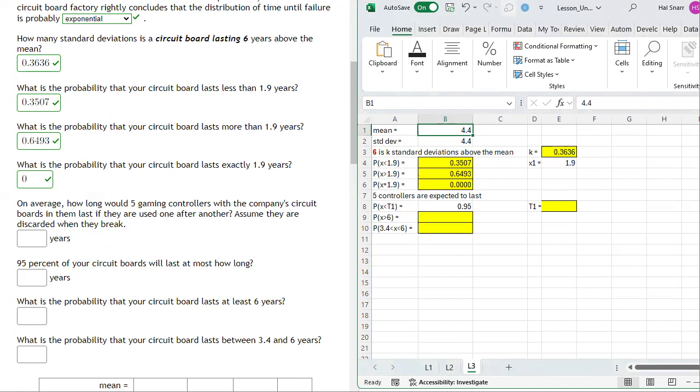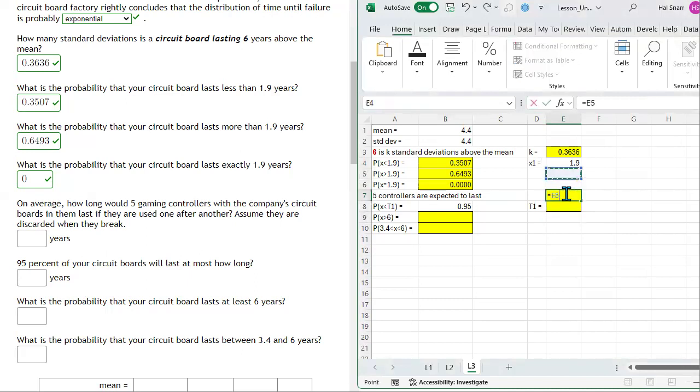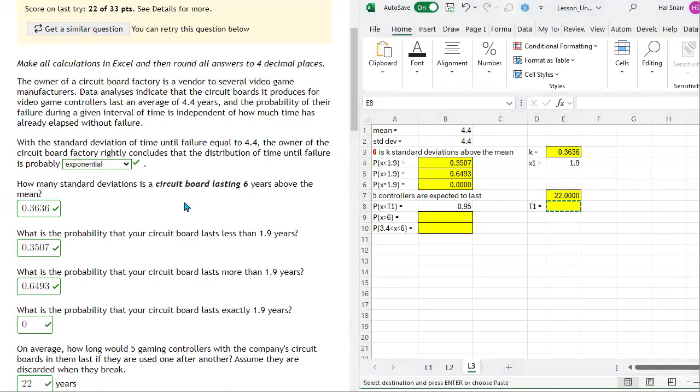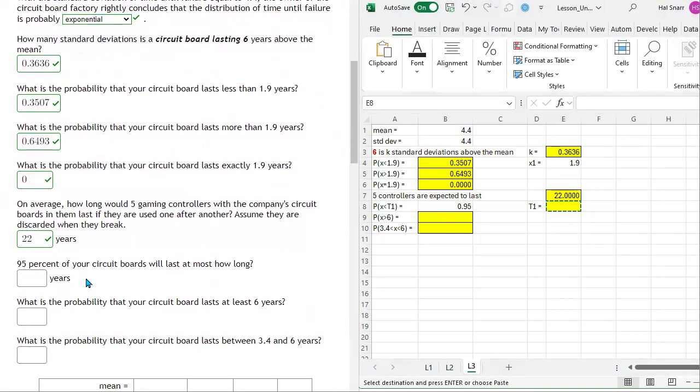If this were how long would 2 gaming controllers last? That'd be 4.4 plus 4.4. We're going to multiply this by 5, right? Because we're going to 4.4 plus 4.4 plus 4.4 plus 4.4 plus 4.4, or 4.4 times 5, right? So that should be 22 years.